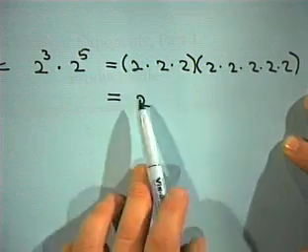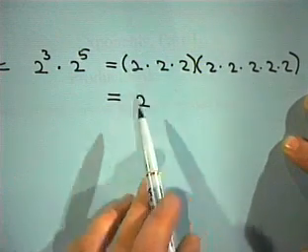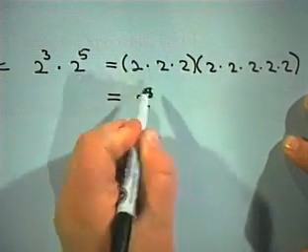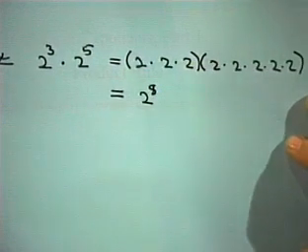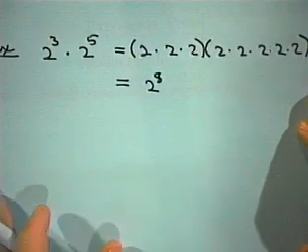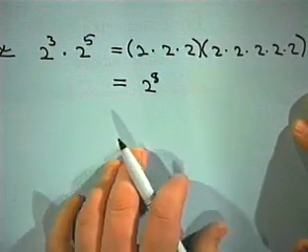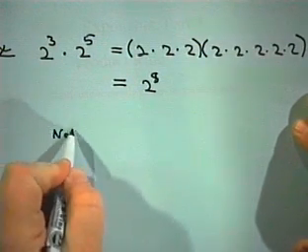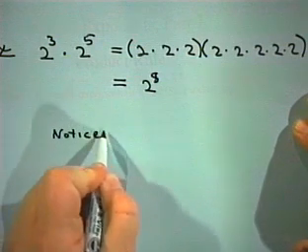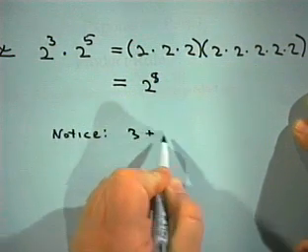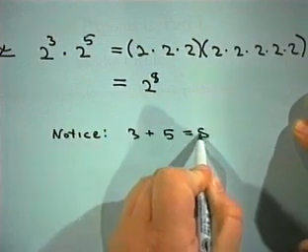So if we were to write the answer in an exponential form, our power would be 8. This is 2 to the 8th power. And what I'm interested in here is seeing what's going on with those powers. You might notice that 3 plus 5 very handily gets us that power 8.